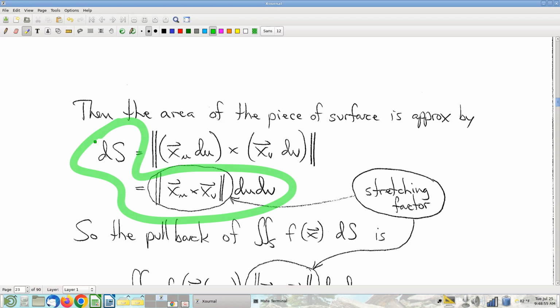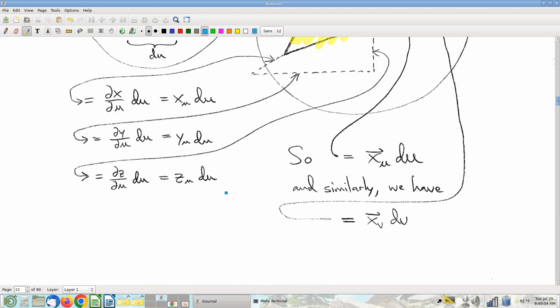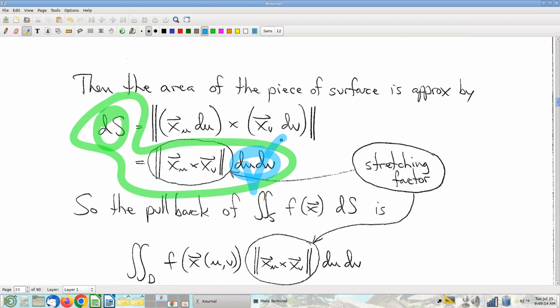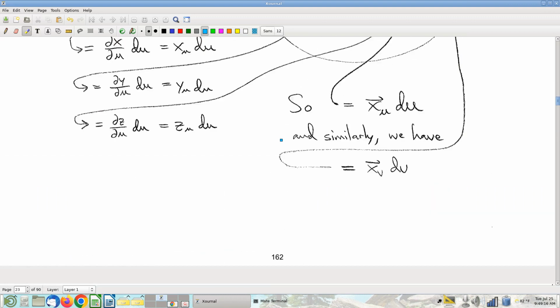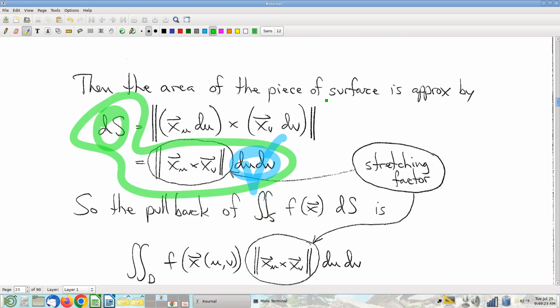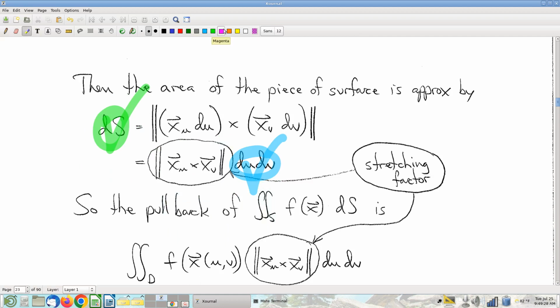And conveniently, lucky break, what I am seeing is this output area being written as a multiple of the input area. Let me just remind you, the input area is the area of this rectangle. That's du times dv. The ds that we just computed is the output area. And so what is it that you multiply by input area to get output area?